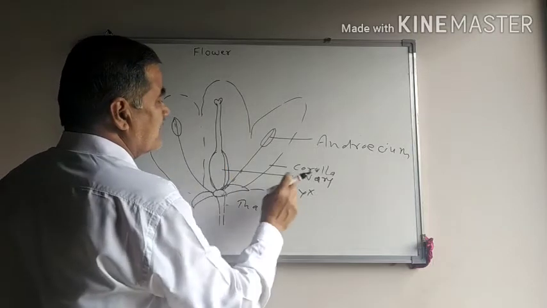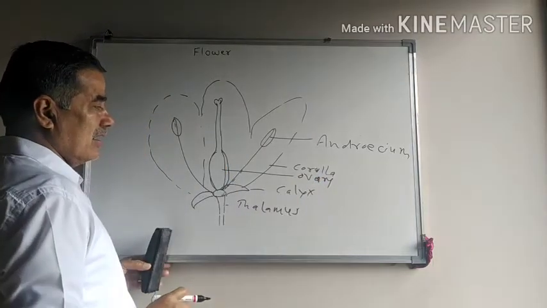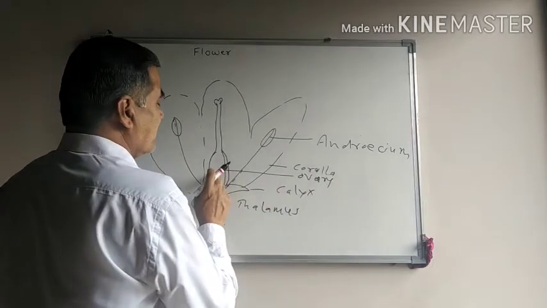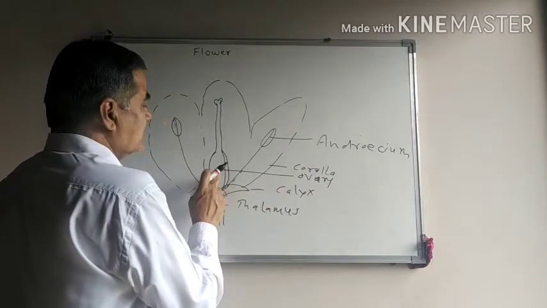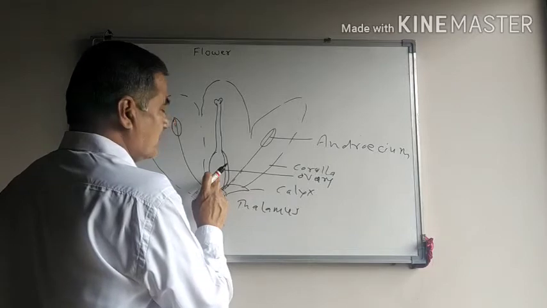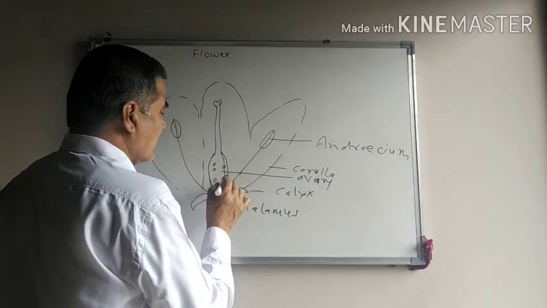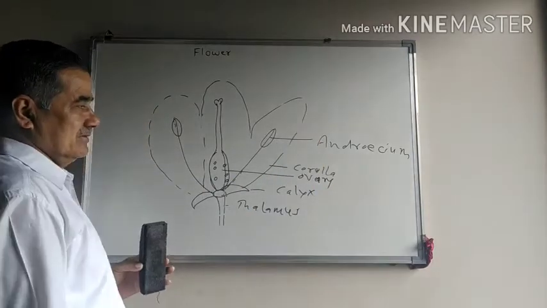It consists of the pistil or carpel. After fertilization, the ovary converts into the pericarp of the fruit, and the ovules convert into seeds.